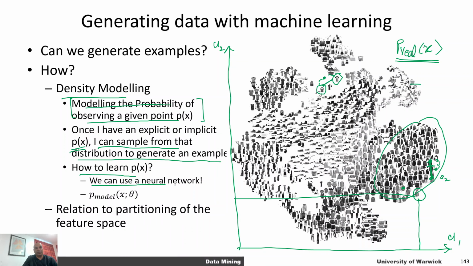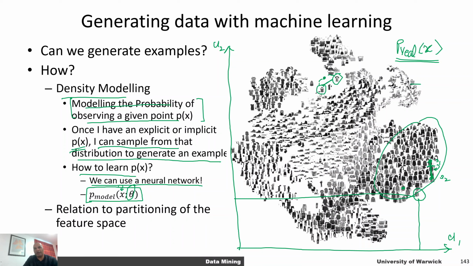We can use a neural network to generate an example that produces p model x of theta. So theta would be the weights of the neural network, and you can generate examples that should follow the same distribution. If you relate it to our previous concepts about partitioning of the feature space, when we discussed classification, I told you that all machine learning models partition the feature space into different areas.